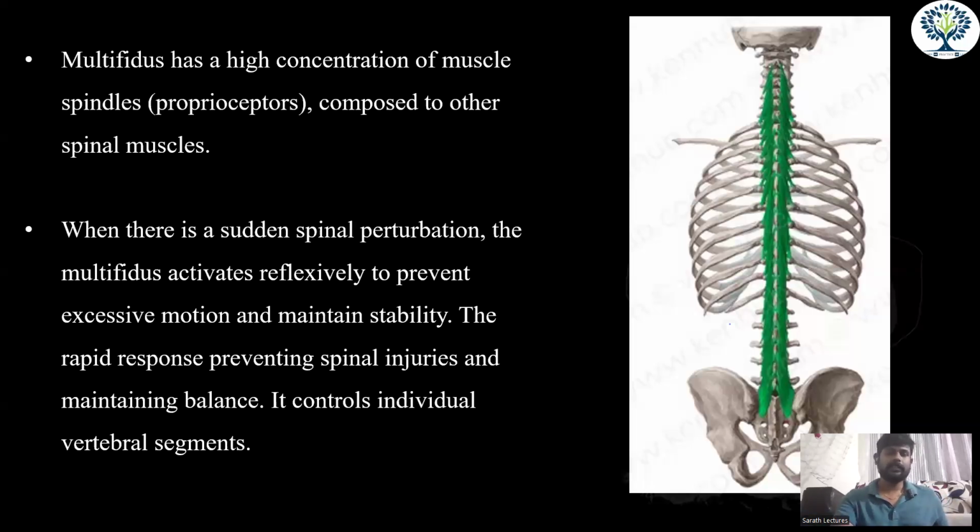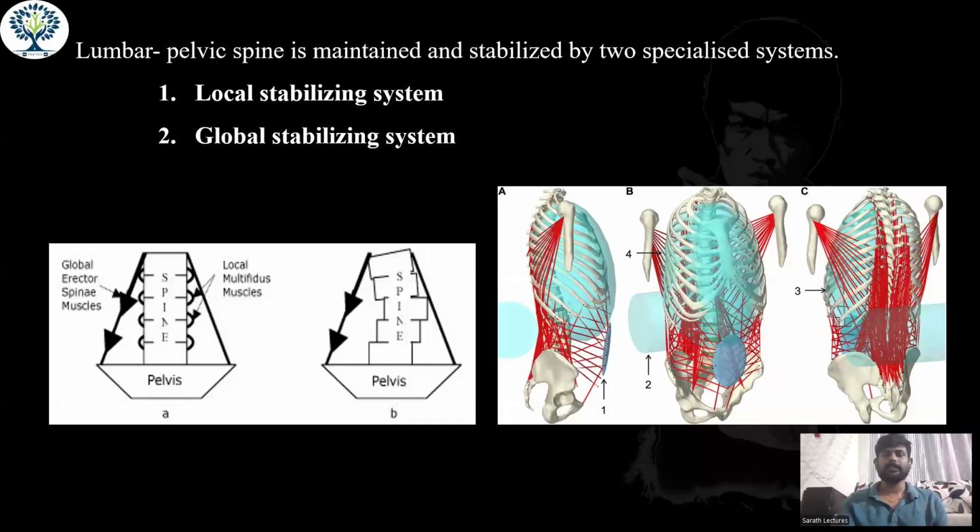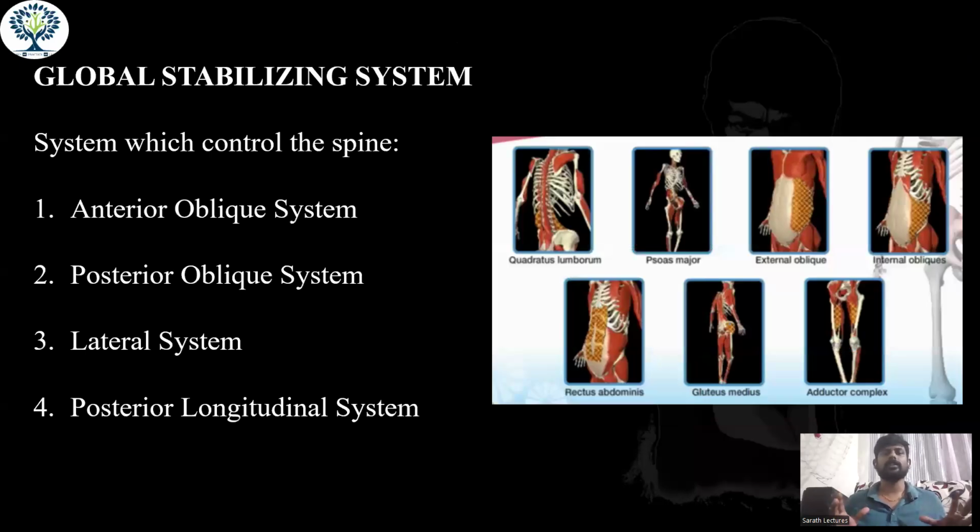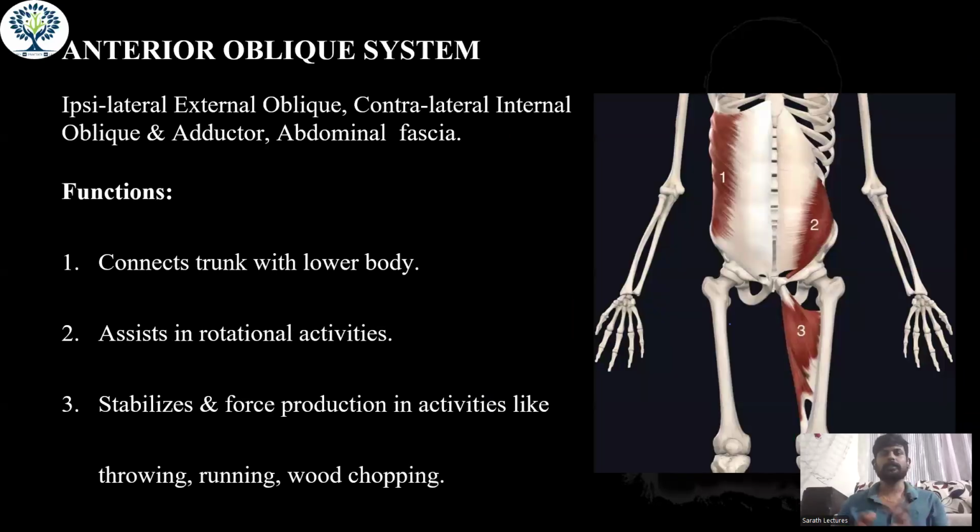Multifidus, we already discussed. Now we'll see the local and global stabilizing system. There are systems called the anterior oblique system, posterior oblique system, lateral system, and posterior longitudinal system. Coming to the anterior oblique system, this is the cross way system. It starts from the contralateral external oblique muscle, then the ipsilateral internal oblique muscle, and the ipsilateral adductor muscles.